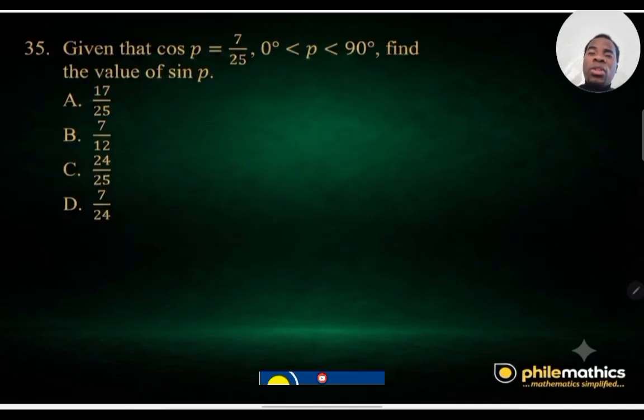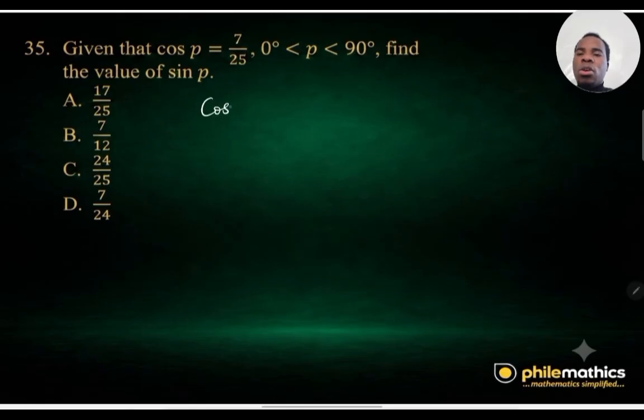This question tests our knowledge of trigonometric ratios and Pythagoras theorem. It says given that cos P is 7/25 and P ranges from 0 degrees to 90 degrees, find the value of sin P. From trigonometric ratio, if we have that cos P is 7/25, you want to remember that cos theta is adjacent over hypotenuse.